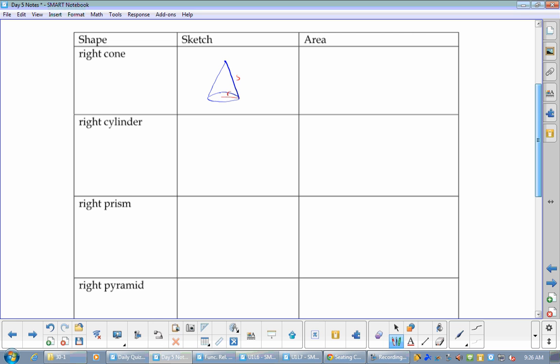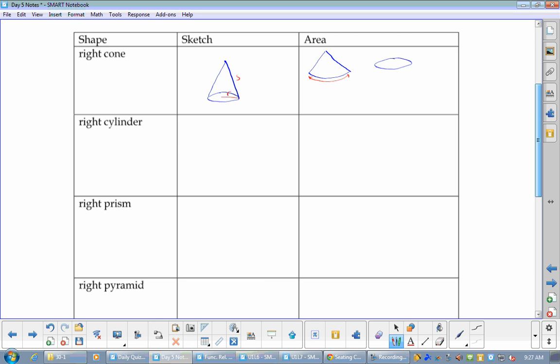So basically what we have, if you took this apart, you have something like this. This would be the side. And then you would have the base, and that wraps around. Now, does anybody know, if this was going to wrap around the circle, what would this be?